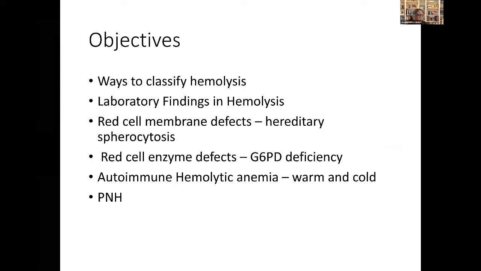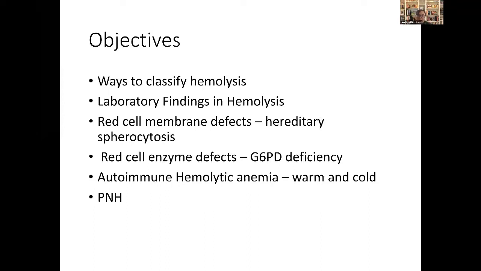I'm going to start with a few ways to classify hemolysis. We're going to talk about the laboratory findings in hemolytic anemias. Then I'll briefly touch on the most common hereditary red cell membrane defect, which is hereditary spherocytosis.